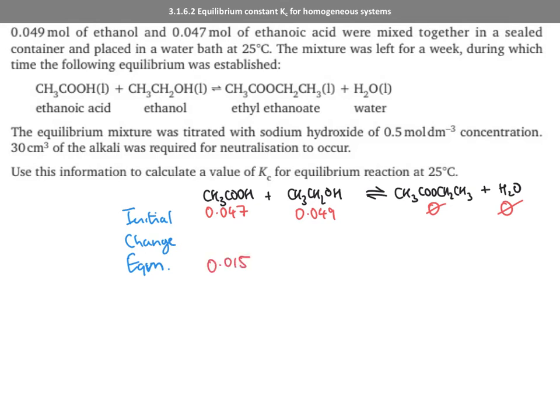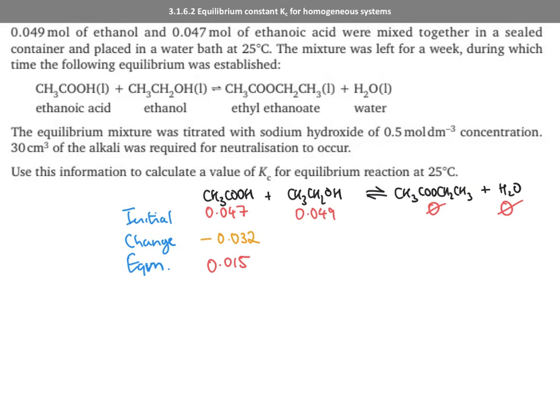From that we can now determine the change. If our ethanoic acid has decreased from 0.047 moles to 0.015, then that is a decrease of 0.032.